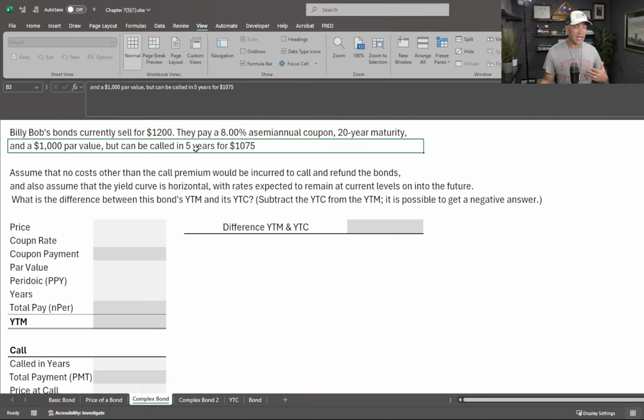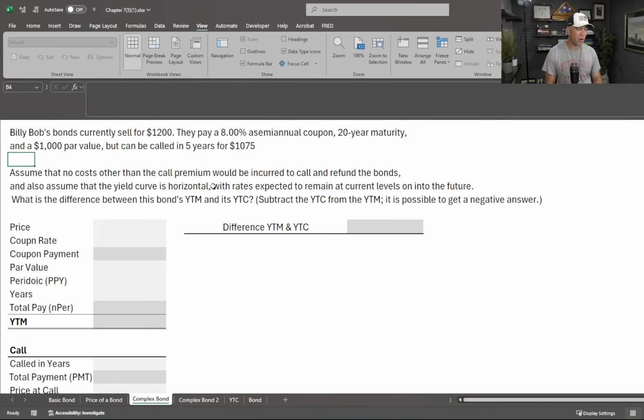More than likely, interest rates went down, and they said, I could retire this debt and instead issue new debt at a cheaper rate. If they have that, it has to be a provision in the contract, and they have to pay you. Look what they're paying you: 1,075 at the end of the contract in 5 years instead of 1,000 par value.